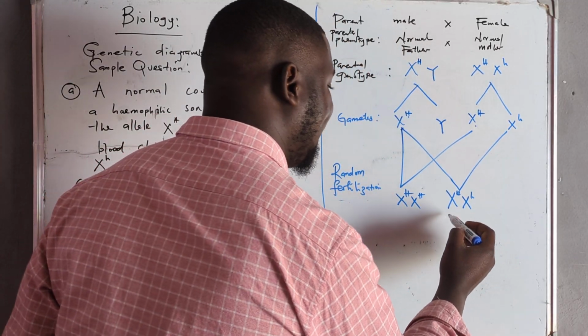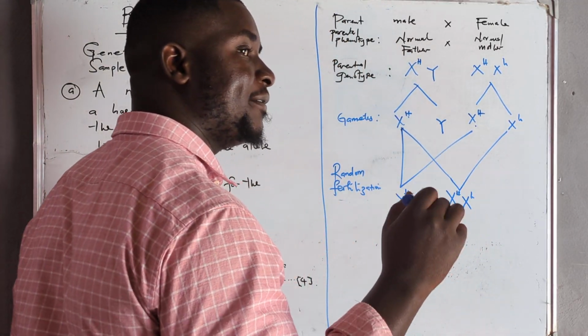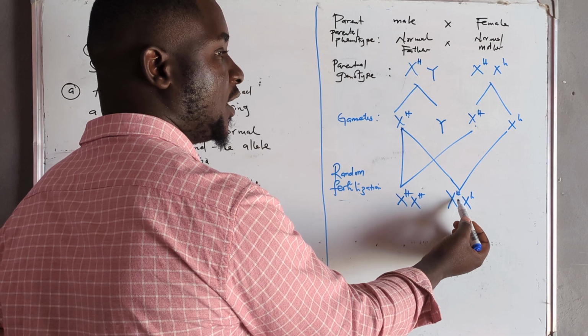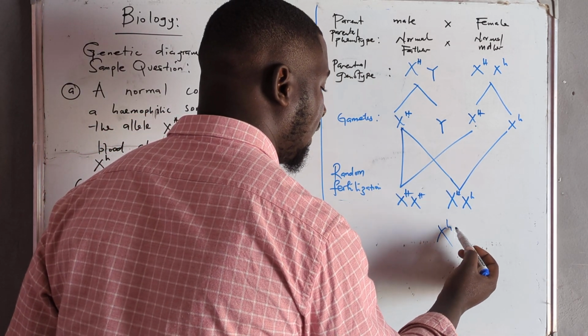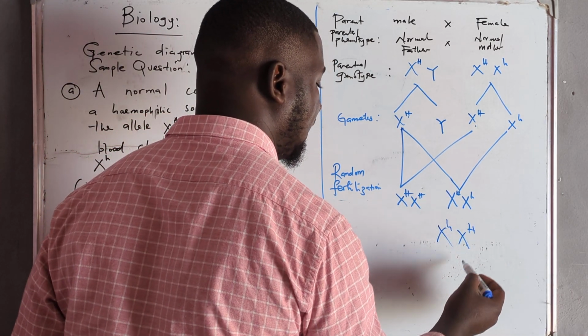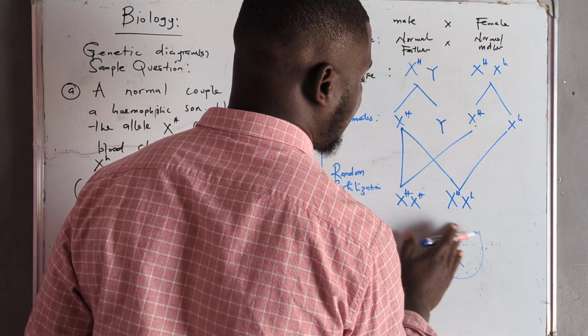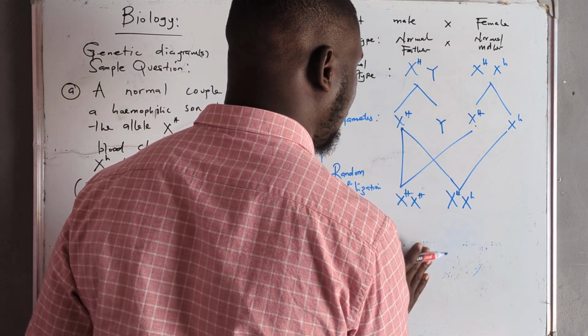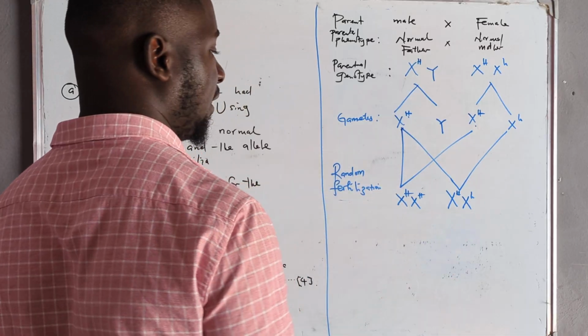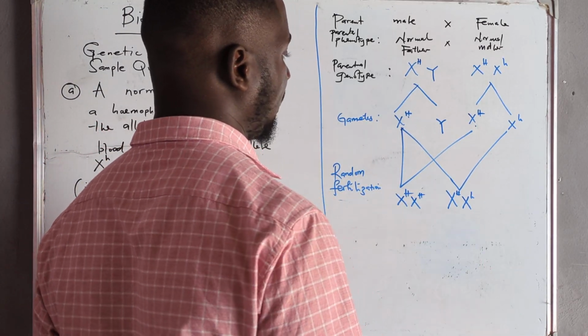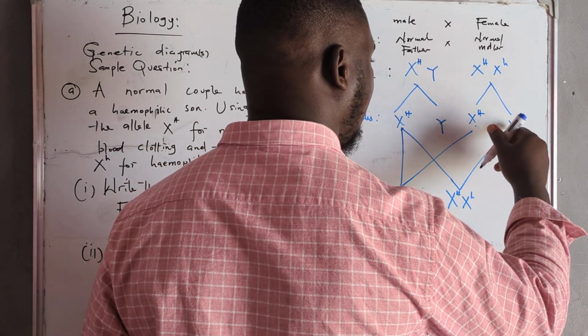Now, this small h can never dominate the capital H. So you can never have a case where you present it like that. This one never happens. Okay, so since this is a recessive disorder, it has to be overshadowed by the capital H, and you present it this way. Now you have this one and this one.